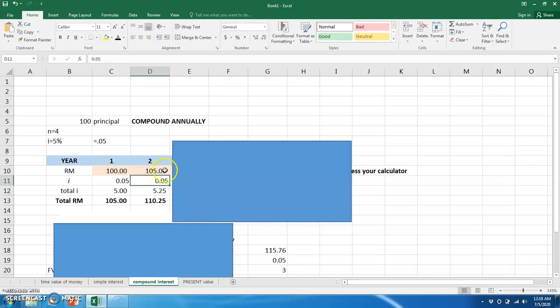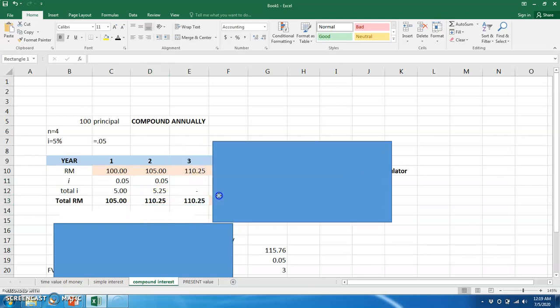When you add 5% of 105, it is 5 ringgit and 25 cent, and it becomes 110 ringgit 25 cent. Understand? So now this one becomes the principal. I would like you to press the calculator and do like what I'm doing, 1 year by 1 year.